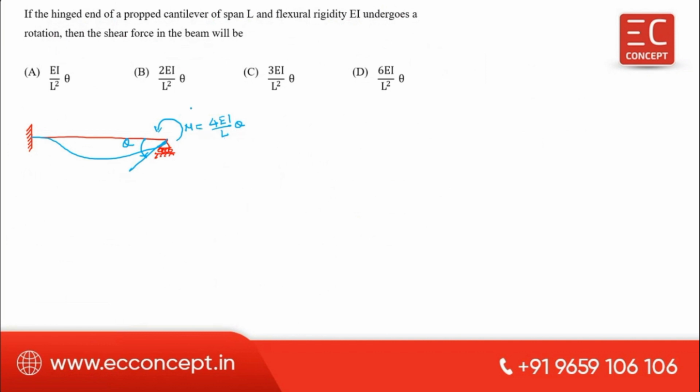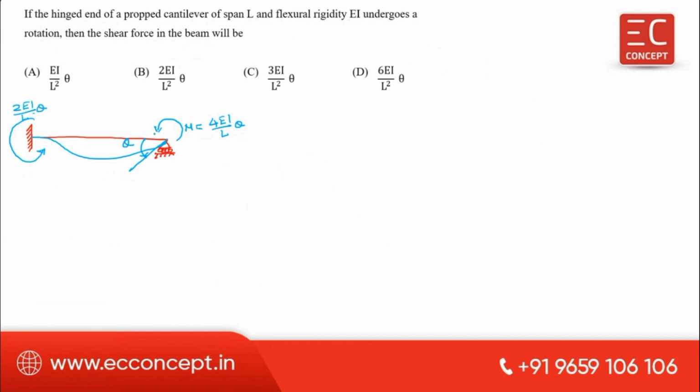And we know that if you apply some moment at this point, then half of the moment will be carried over in the same direction. This is anti-clockwise, so this also anti-clockwise. Half of the moment will be carried over here, that is 2EI by L theta.